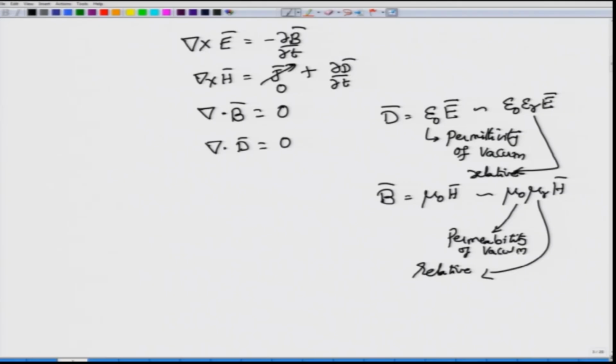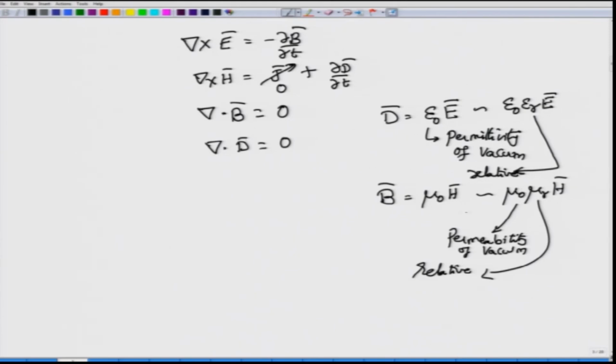Okay. So, from the tables you can find out what is the value of epsilon 0 and mu 0. This is a small exercise for you, so that you can go back and take a look at your electromagnetic textbooks.